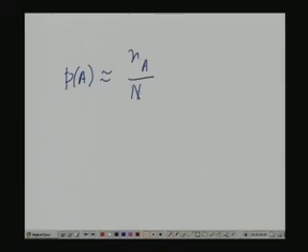This is a classical definition, called the frequency interpretation of probability. It gives you a chance of occurrence of A, provided of course N is large.